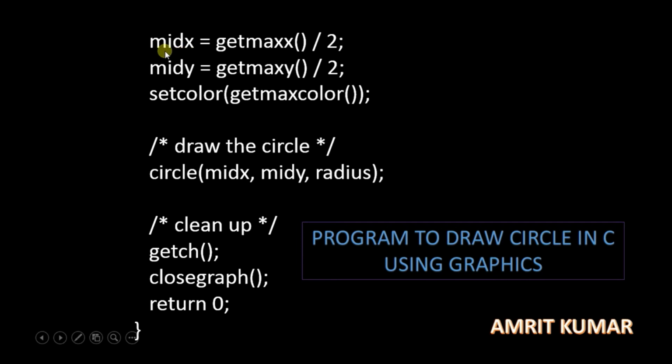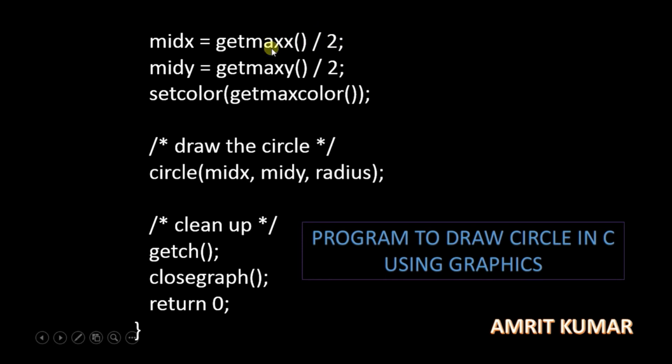So this is midx and midy. In midx, I am assigning getmaxx divided by 2. getmaxx is the function in graphics which gives us the maximum coordinate of x, whatever the maximum value of coordinate of x is going to be placed here, and it is going to be divided by 2.